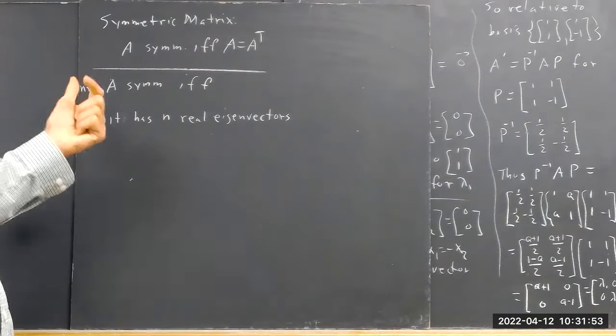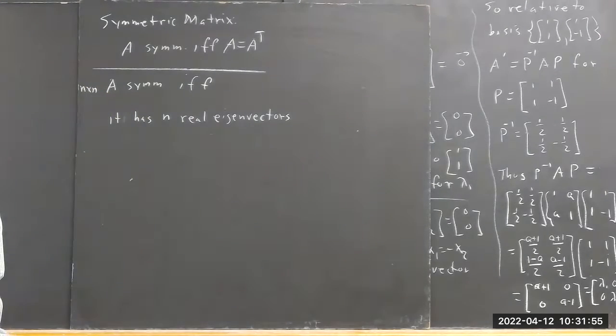So if it's symmetric, it'll have n real eigenvectors. Now that's a big one.